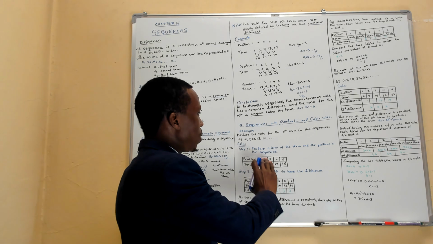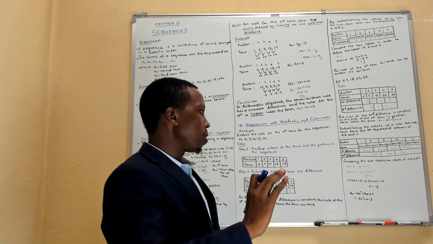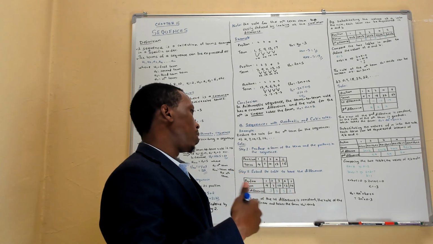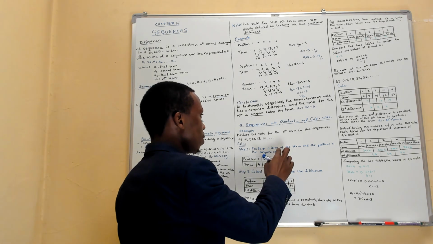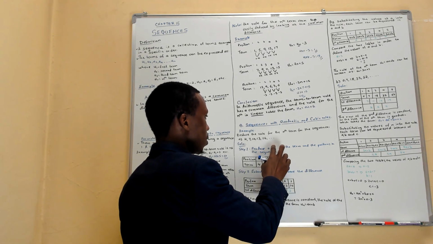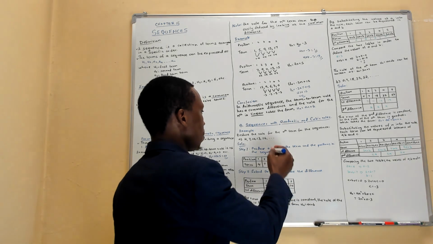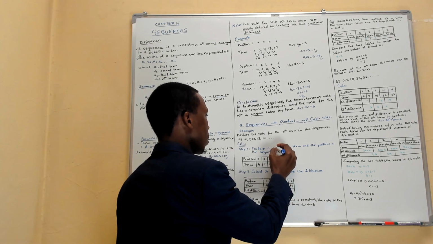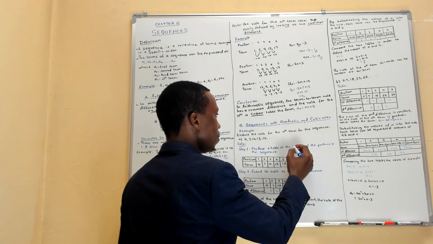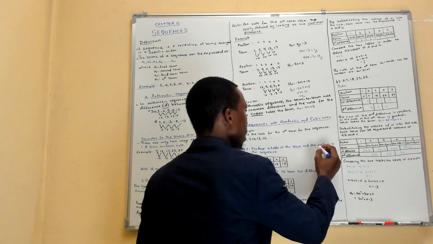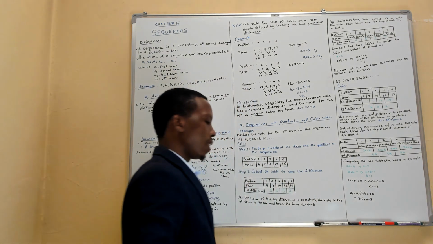Step 1, produce a table of the term. So the table should have the term and the positions in the sequence given.